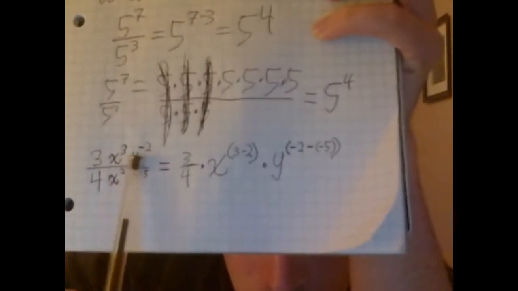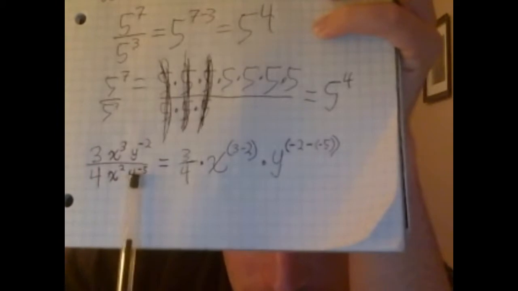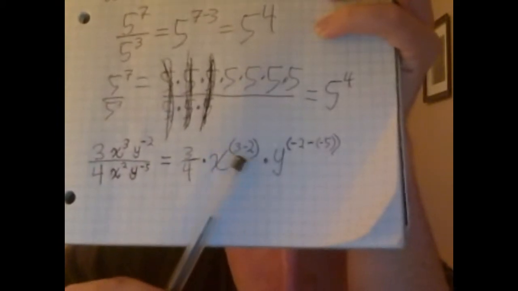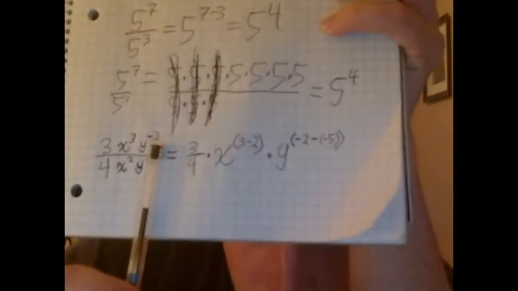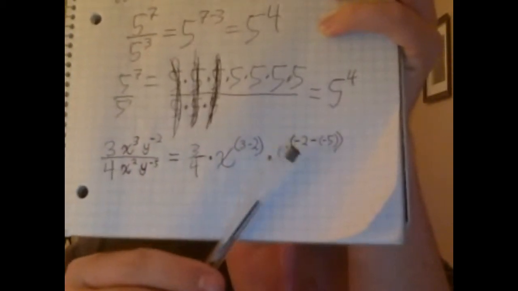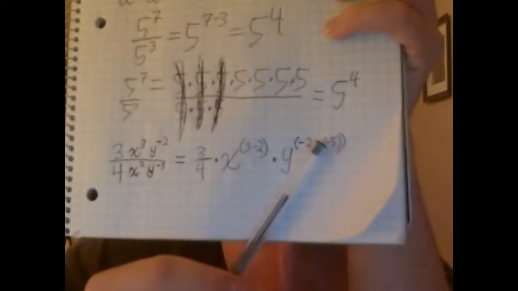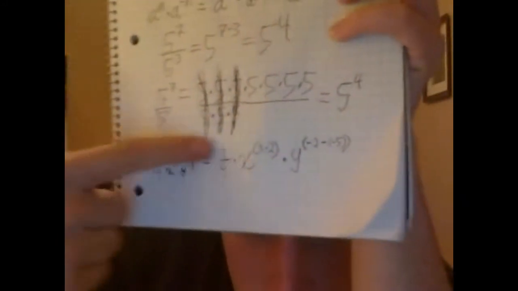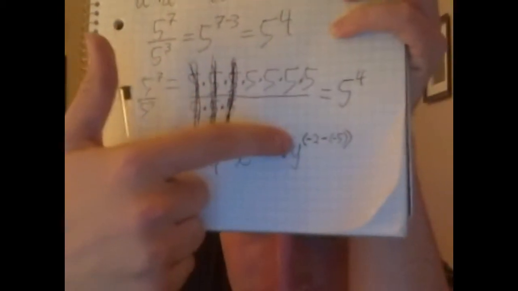Our x's, we have the exponent from the numerator minus the exponent from the denominator, 3 minus 2. And with our y's, we have the exponent from our numerator, -2, minus the exponent from our denominator, -5. Now I made this y intentionally complex, and here's why.